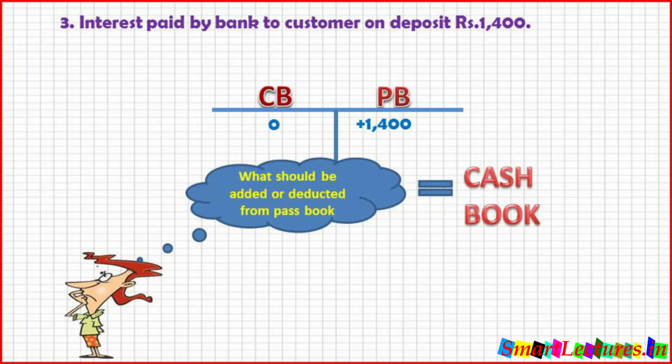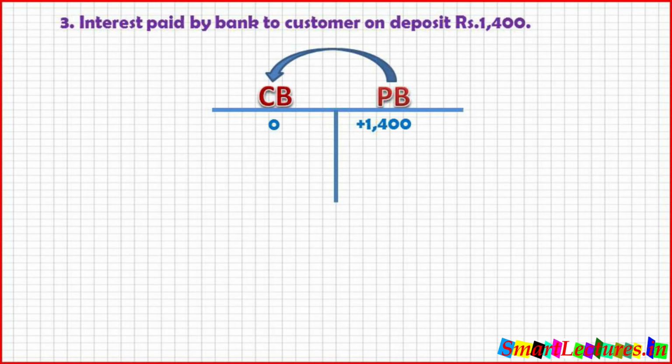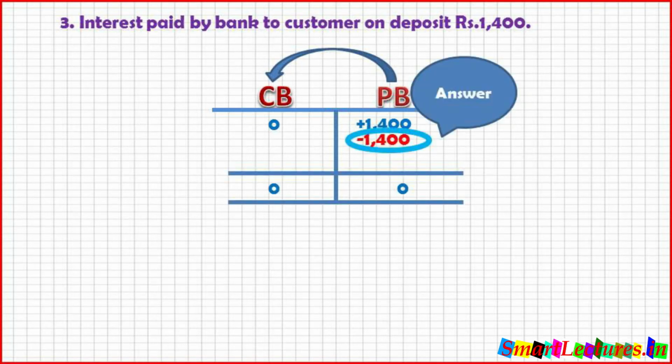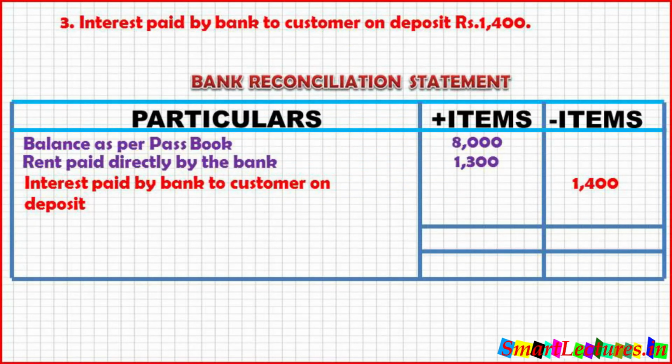Because we have to start from passbook to cash book, 1,400 will be deducted from passbook so that the total on both sides is 0. This is our answer, 1,400. So come to the bank reconciliation statement: interest paid by bank to customer on deposits, 1,400 on the minus side.